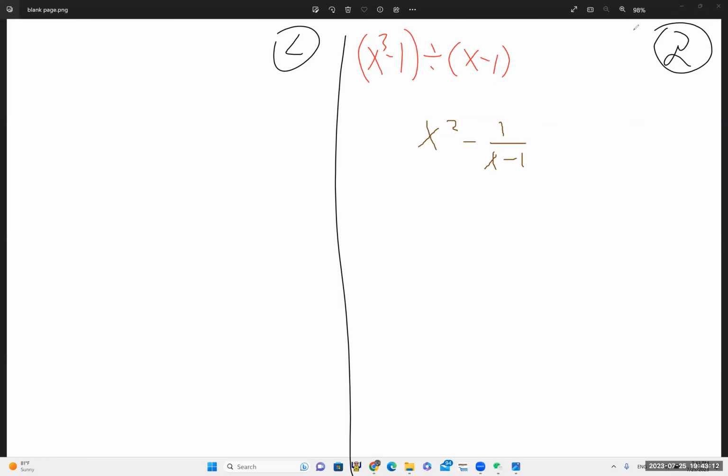Yes. But check it. If so, suppose we have this multiplied by x minus 1 equal to this, right? But I don't think it's true, which means it's not correct. You can check yourself. You need to really do the long division in order to get an answer.